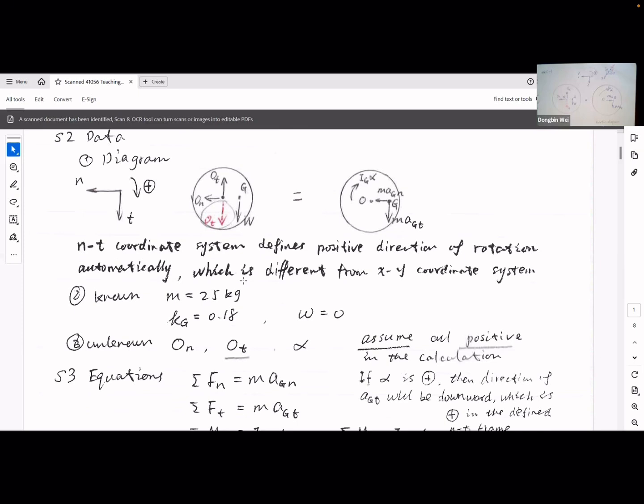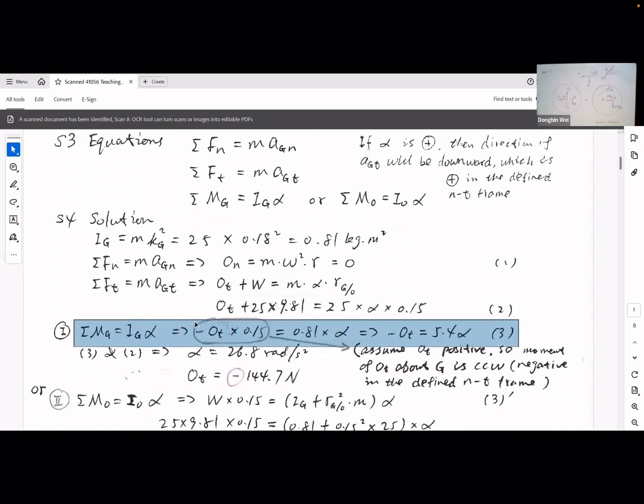So when we calculate the moment generated by OT, you can see it will be counterclockwise about point G. This means according to this coordinate system, the moment of OT should be negative. So that's why before this calculation, I have a negative sign.